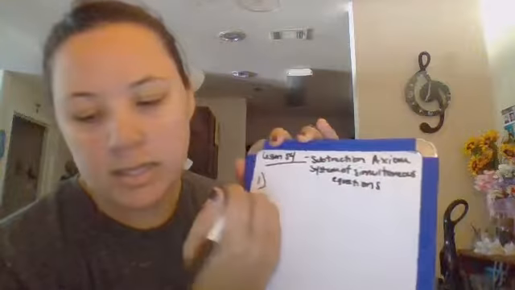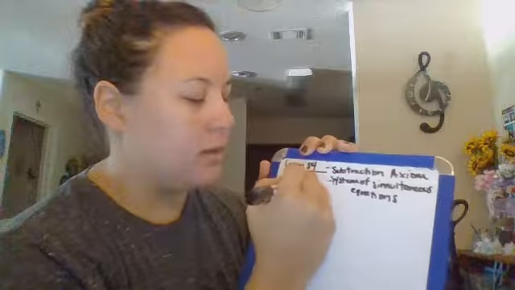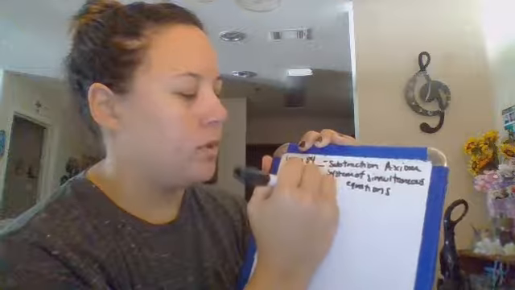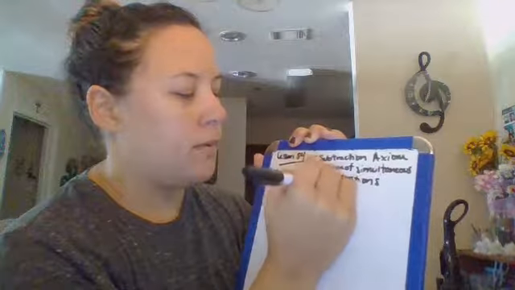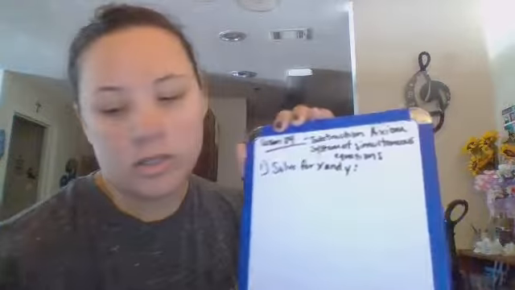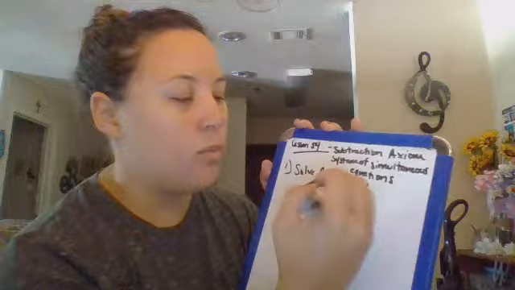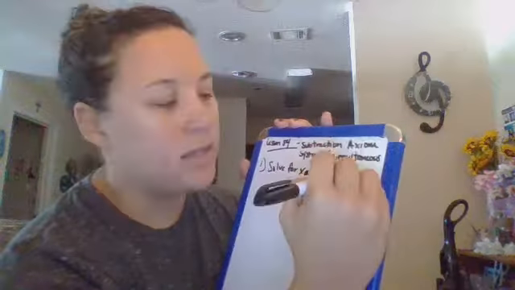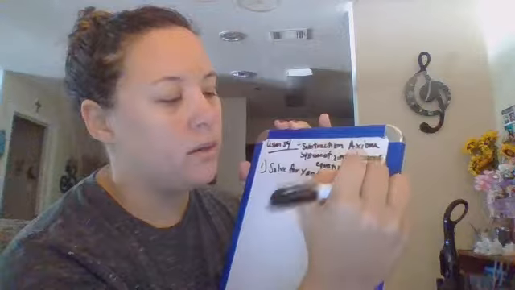So our first one says that we're going to solve for x and y using these two equations. So equation A is 2x minus y equals 11.